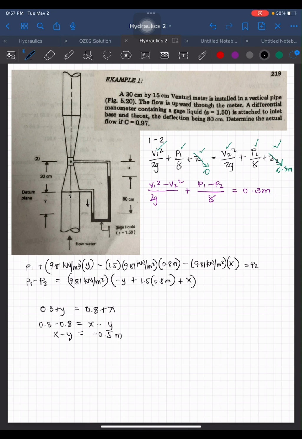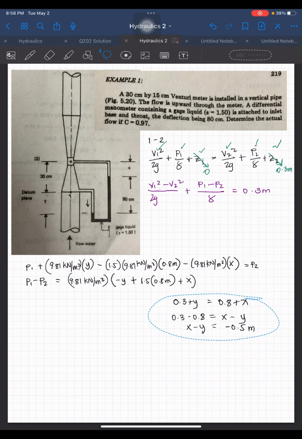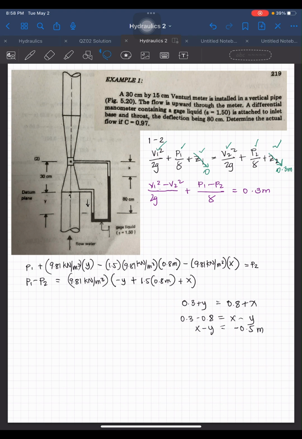So, kapag kinumbine natin yon, alam natin that X minus Y is negative 0.5. So, i-move natin to dito sa gilid as a supporting computation.